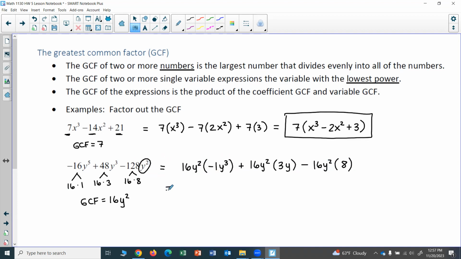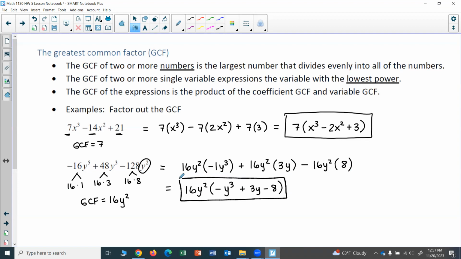So when I factor out the GCF using the reverse distributive property, I get 16y squared, and then in parentheses, I get negative y cubed, and you could write the negative 1 in front of the y cubed, or you can choose to just write it as negative y cubed, plus 3y minus 8. So I've factored out the greatest common factor.